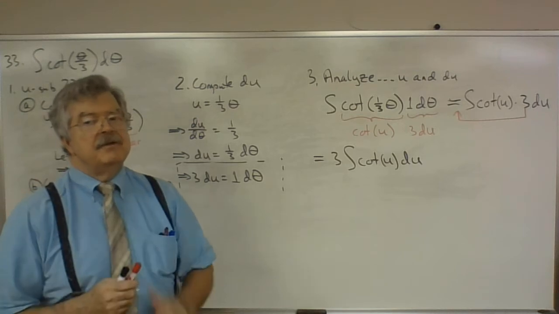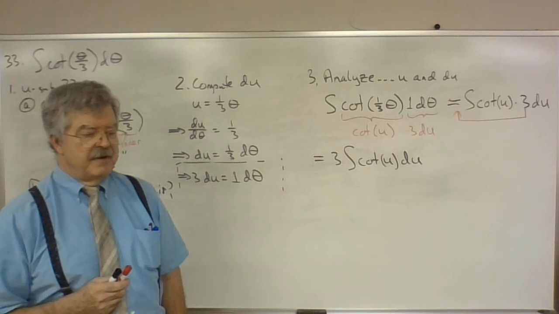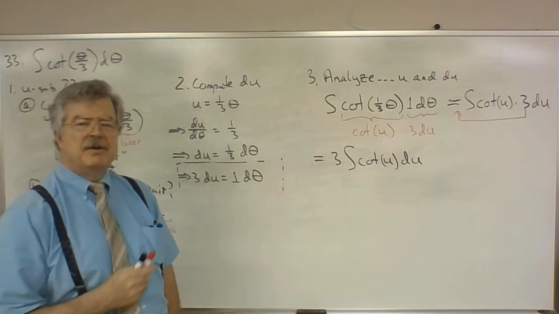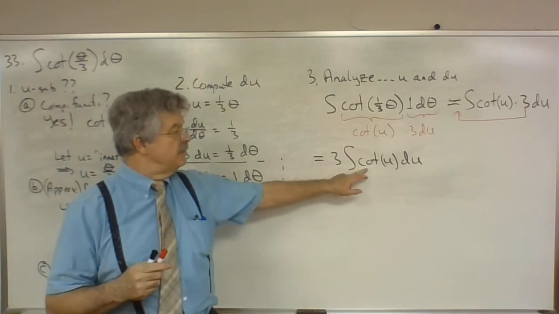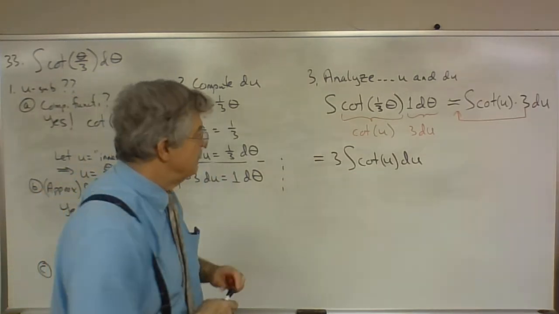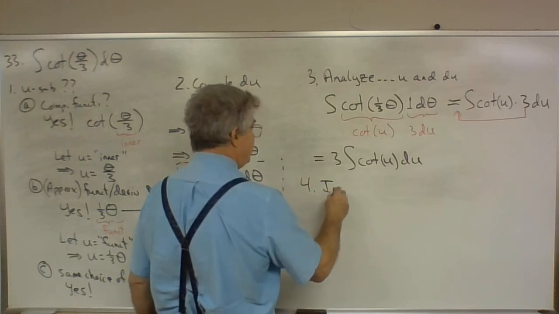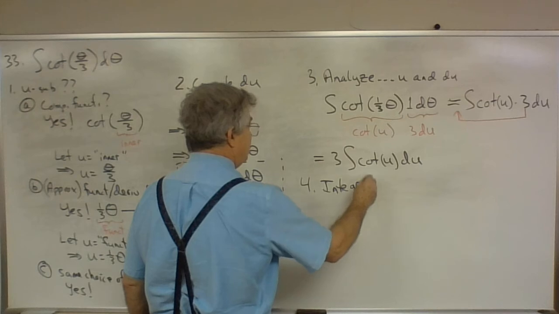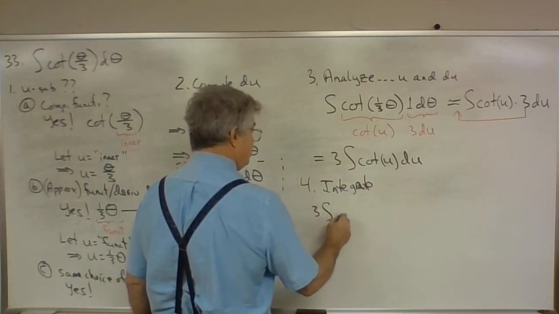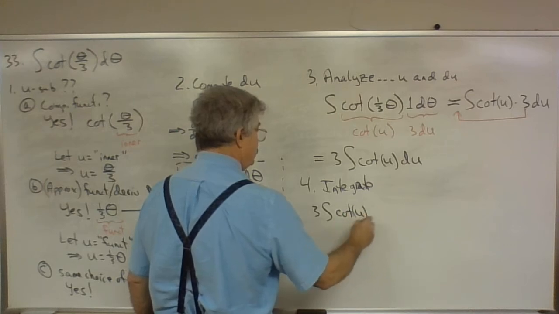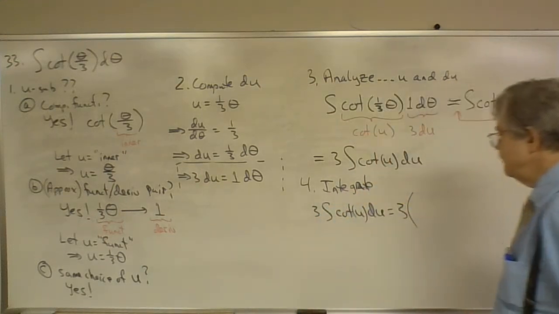Now this is one of those integrals that we don't have to know for test 4 or for the final exam. But we want to do it now, and we can look in our book to see what the antiderivative of cotangent should be if we don't know it. We want to do it now just for the practice of integrating and computing antiderivatives. 3 antiderivative of cotangent u du is equal to 3 times something.